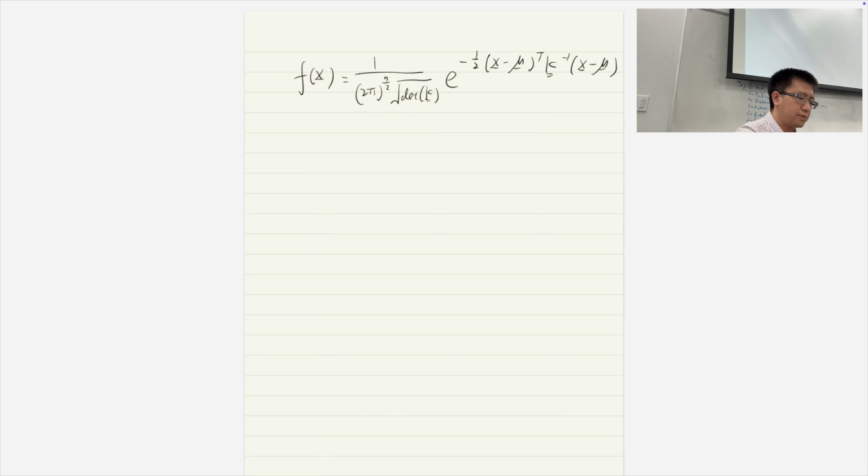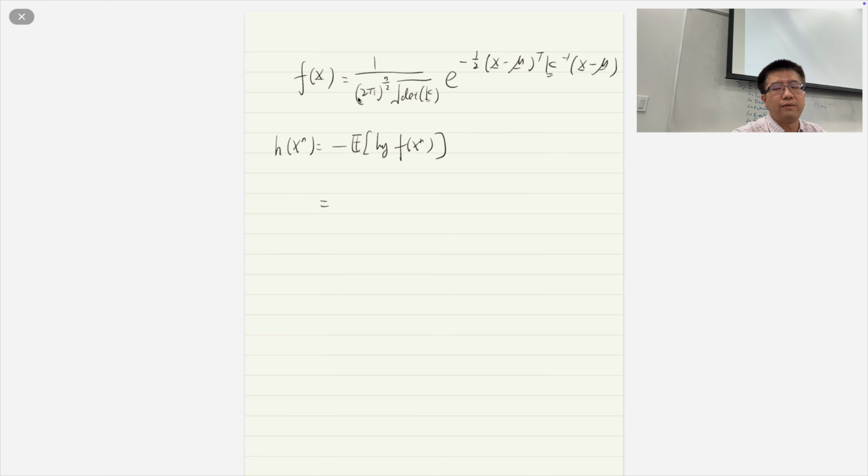Then let's compute the entropy. The differential entropy will be equal to what? The expectation of log f(x_n), and we have a minus sign here. So let's compute that. This term is easier to deal with.